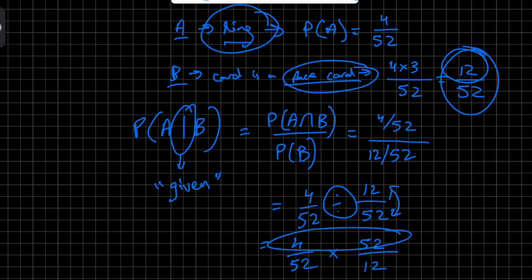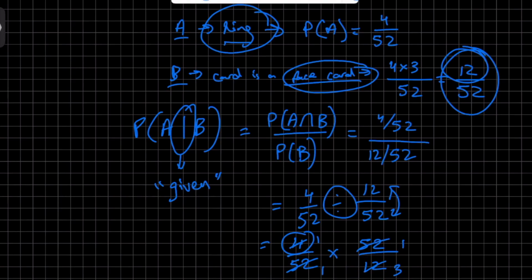Now we multiply our numerators and we multiply our denominators to get our answer. Before we do that, we can also simplify diagonally or vertically over here. So these two 52s cancel out to a 1, this 4 can cancel out to a 1, and this 12 can cancel out to a 3. So dividing 4 by 4 gives us 1, and dividing 12 by 4 gives us 3.